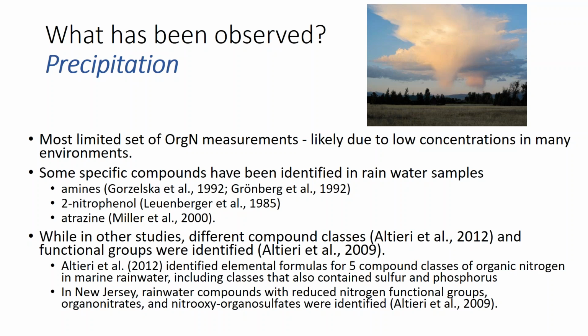Those were in the marine rainwater samples. In New Jersey, they found reduced nitrogen functional groups, organonitrates, and nitroxy organic sulfates. So it's a pretty complex mixture in some instances in those rainwater samples, which also can make the speciation difficult if you have to use a lot of different techniques to quantify those.